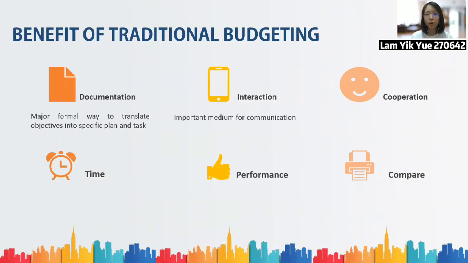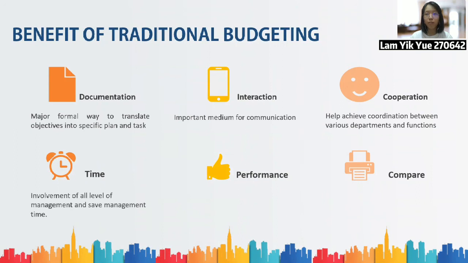Besides, it helps to achieve coordination between various departments and functions. Since traditional budgeting involves all levels of management, it eventually saves management time. And also, performance can be reported and monitored well, and the results compared to the planned budget for evaluation.